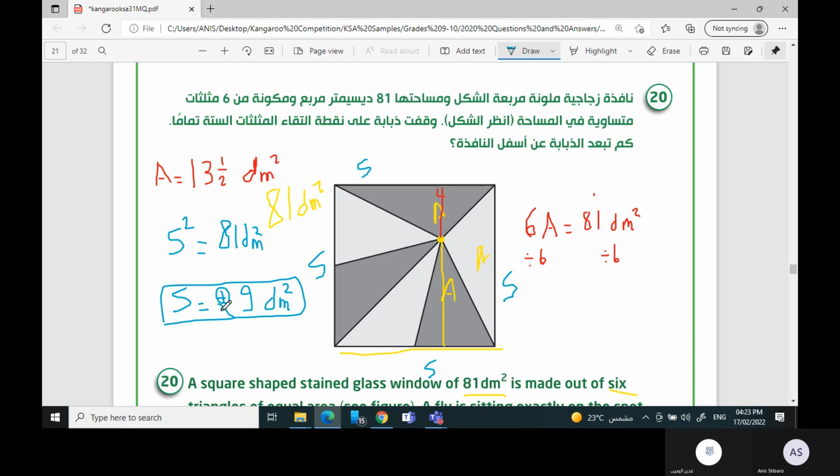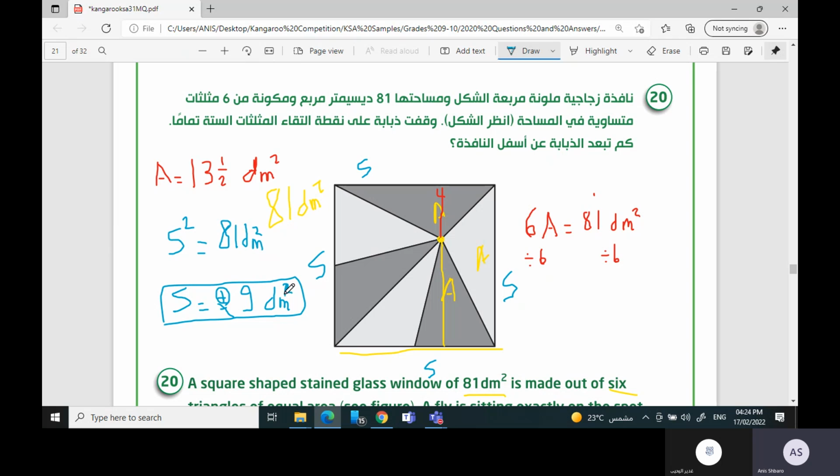Now, the mistake I made is the thing I don't want anyone to get confused about. I applied the square root to all of the term. So the radical of 81 is 9. Decimeter square also goes with 81. So when I apply it to all the term, I'm going to apply it to 81 and to decimeter square.